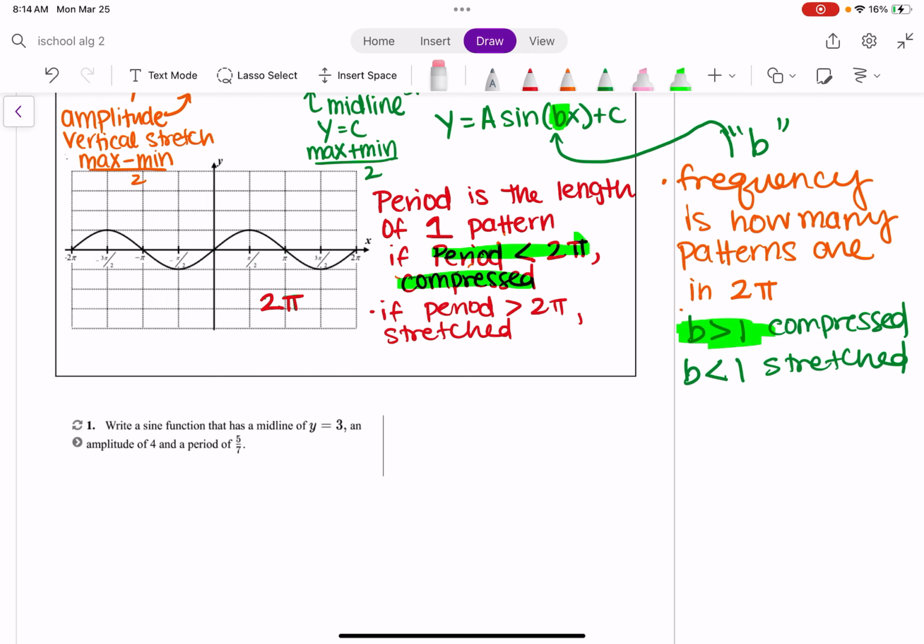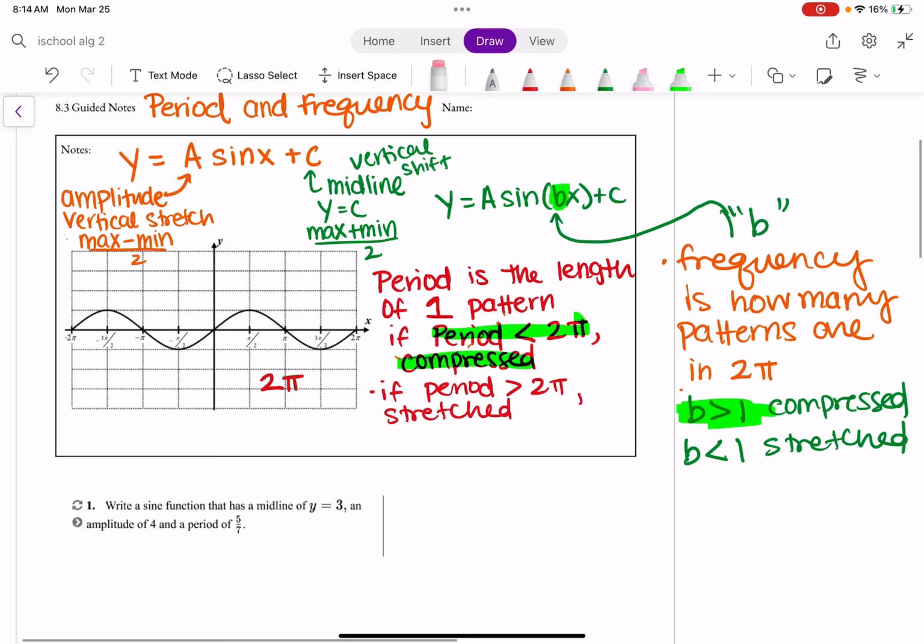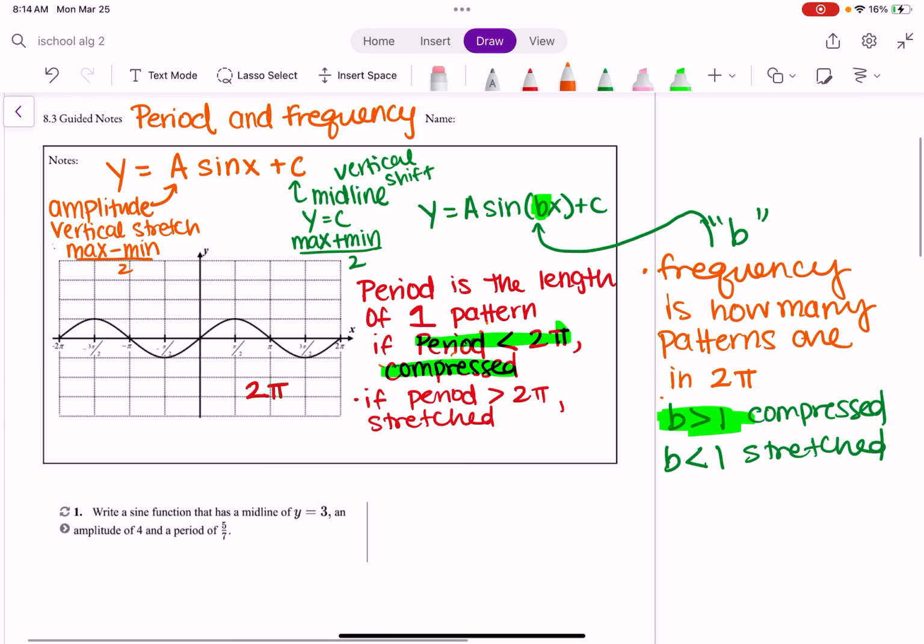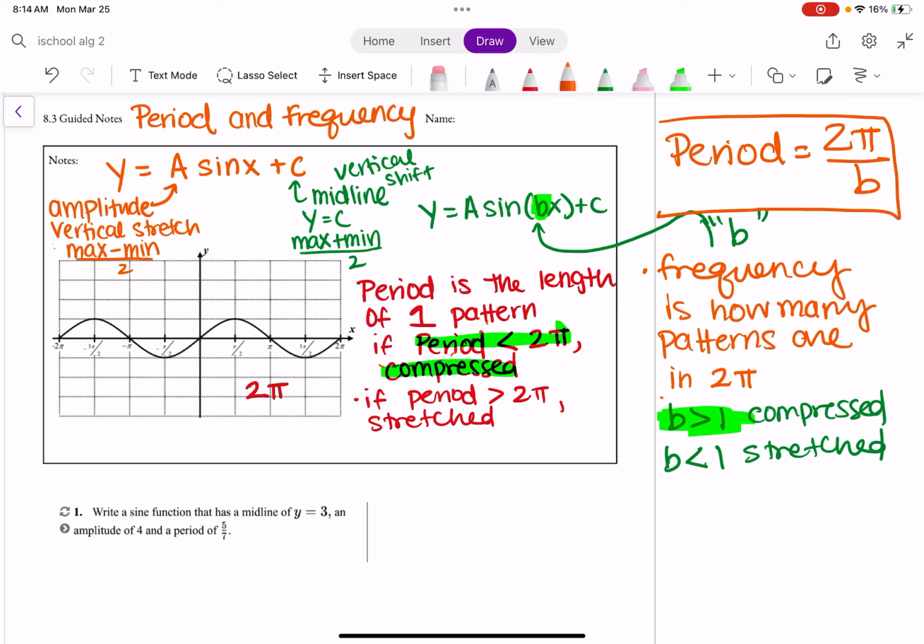Versus if the period is stretched out, or larger, that means there's fewer patterns in 2 pi. And so we actually have a formula to model this relationship, and this is important. Period equals 2 pi over B.